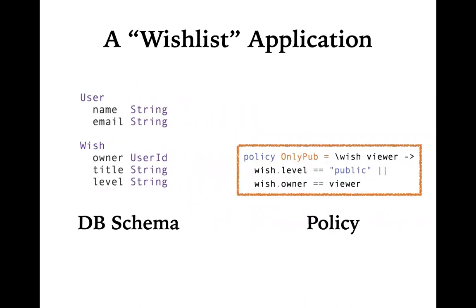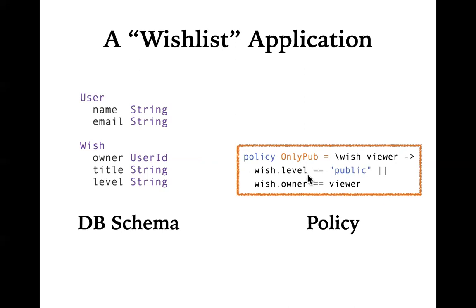So here's my policy. Remember, my policy was that only the owner should be allowed to view a particular item if it's marked private. I'm giving this policy a name because I'll use it in a couple of places: only public. The policy is a function, a predicate, over a wish, an individual wish item, and a particular viewer. It's a Boolean predicate that says, given a wish and a viewer, is this viewer allowed to access this particular wish?